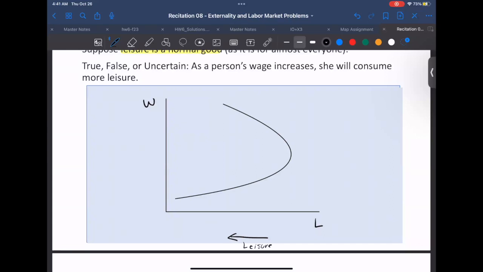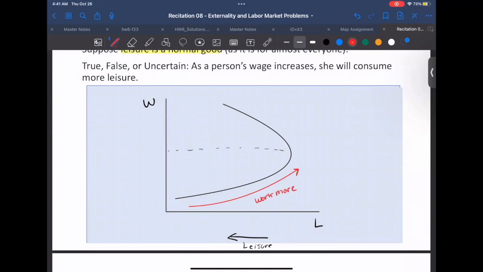So the substitution effect is saying as our wage increases, we're going to want to work more hours.